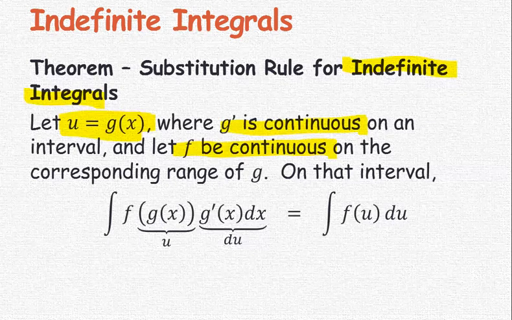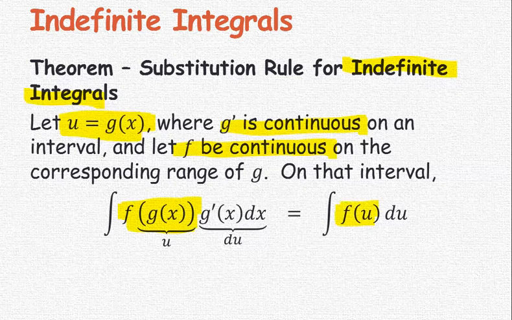We treat u as a function of g and has f involved in there. On the interval, the first part here is the function f, which is a function of u, multiplied by the differential du, which is g prime of x dx.